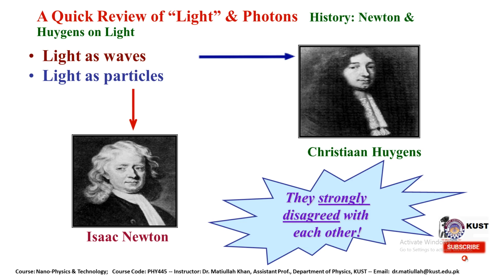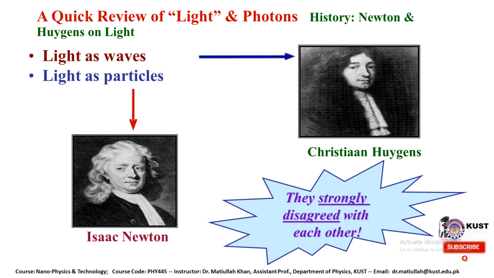So how can we discuss the interaction between the photons and the matter? For understanding this, the most important thing is that we need to know what a photon actually is. There are different ideas about the nature of photon. Some scientists initially considered that light has a wave nature, and some scientists like Newton considered that light has a particle nature.